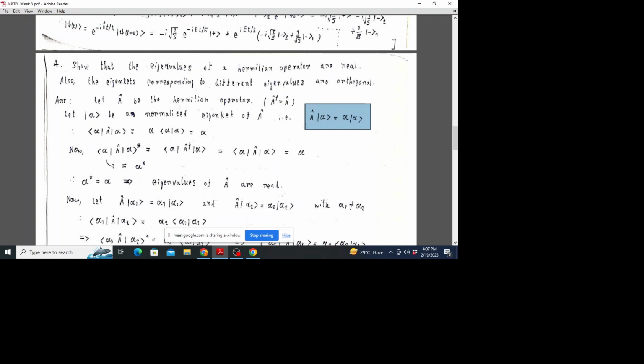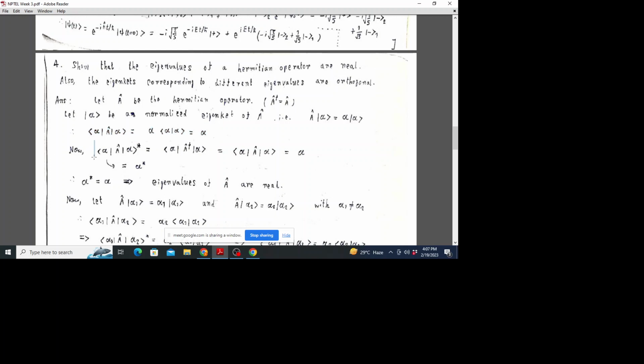So we act with <alpha| on both the left-hand side and the right-hand side, and the result on the right-hand side is simply alpha, because the state alpha is normalized.